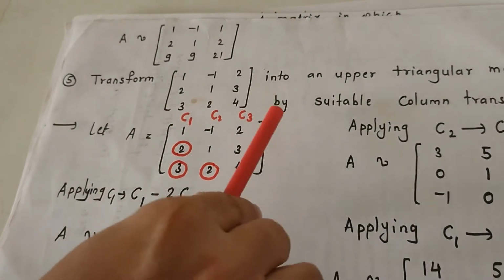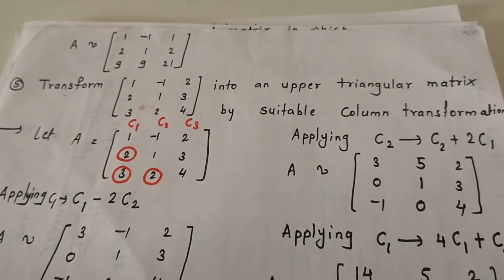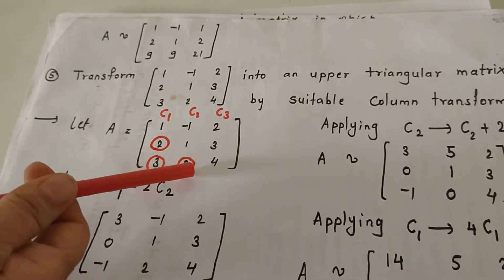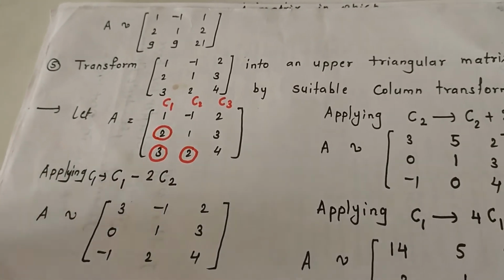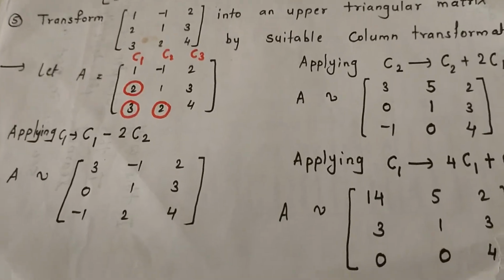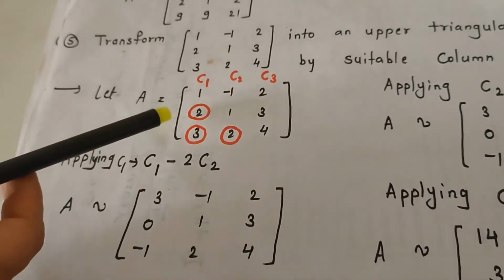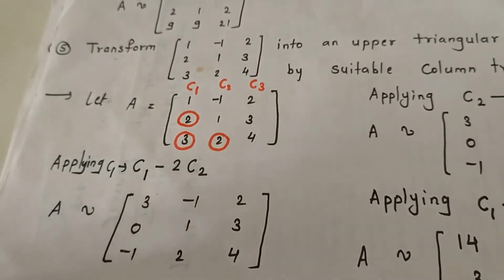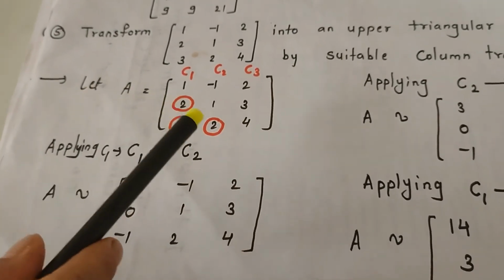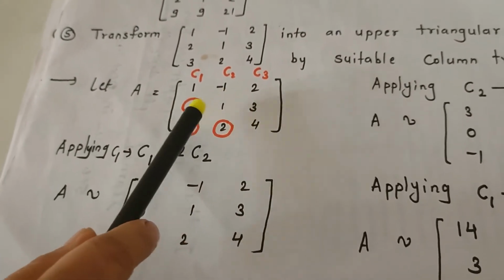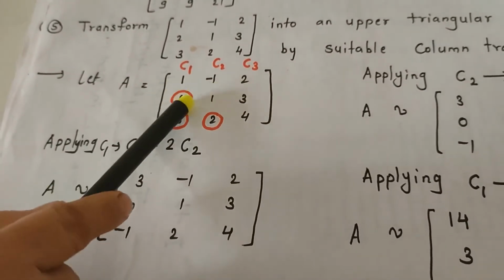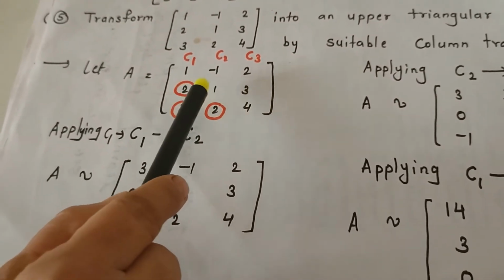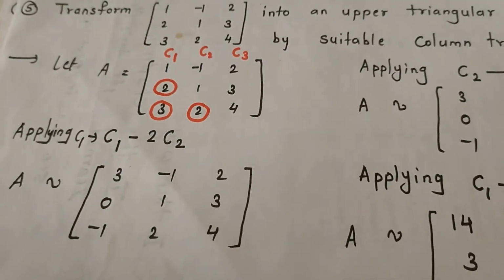Now by using suitable column transformation we have to convert these elements into 0. Therefore, in this matrix, we have to convert these elements into 0. First, to convert this element into 0, we apply 2 minus 2 into C2.